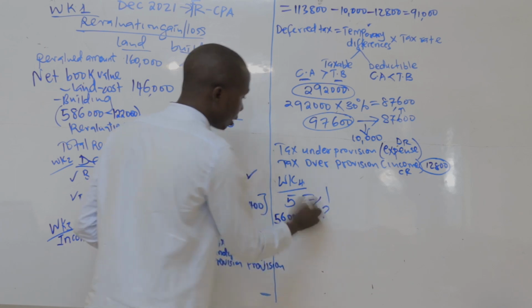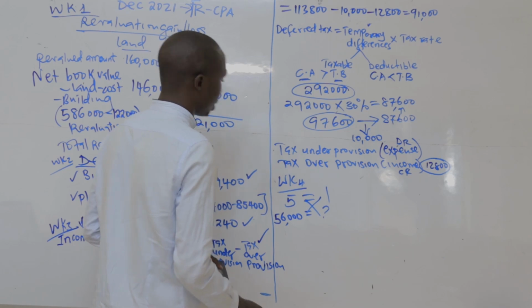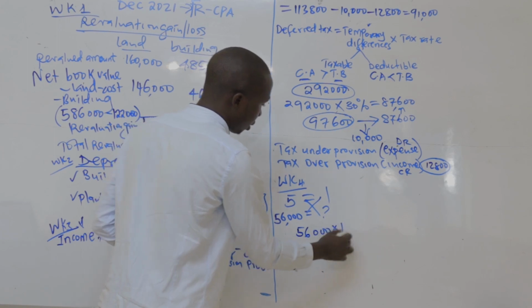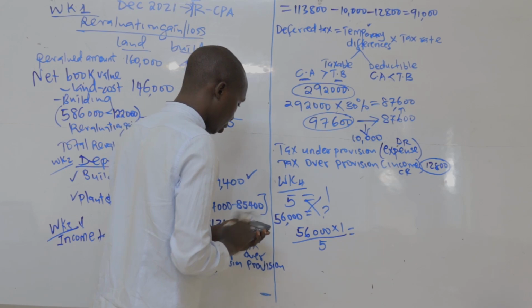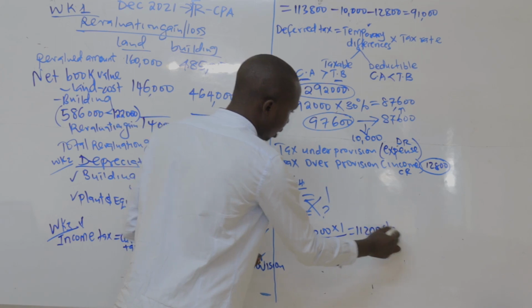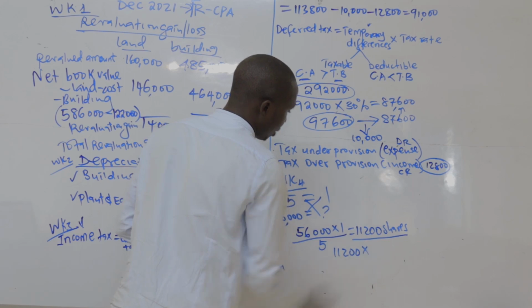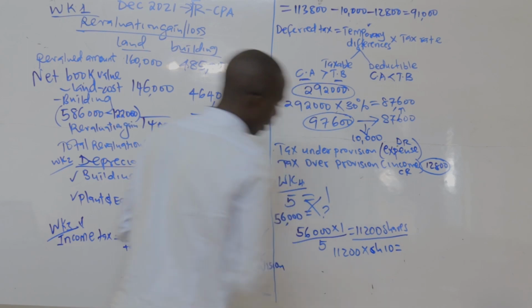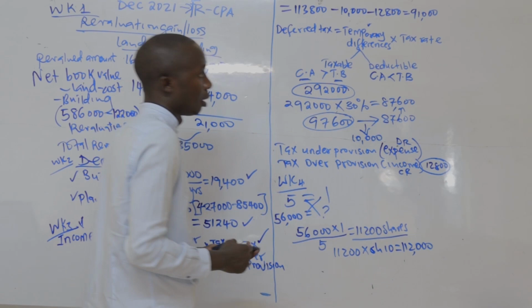How many shares did they issue through a bonus? 56,000 times 1 over 5, which is 56,000 divided by 5. So 11,200 shares were issued through a bonus. We multiply 11,200 with the par value of shillings 10 to get the value. So that is 112,000.